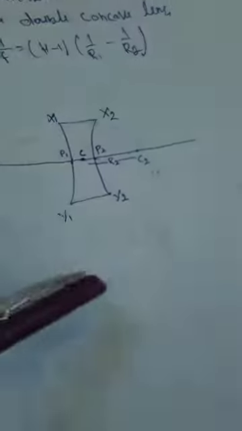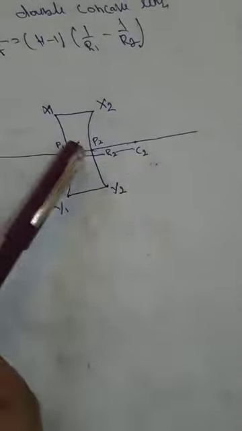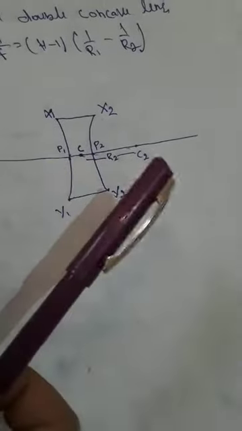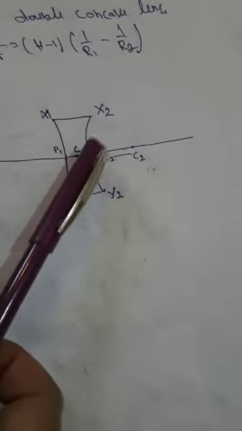But we remember that the lens material is so thin that c and p2 coincide. We are supposing the lens material is so thin that the distance measured from the optical center is taken to be from the pole of the lens.